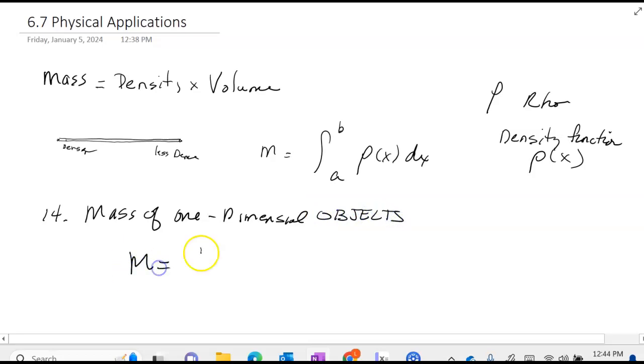The mass of a one-dimensional object is the integral from a to b of rho of x dx, where this just represents a thin bar or wire. Just think of a wire, on some interval of x between a and b, with a variable density function of rho.